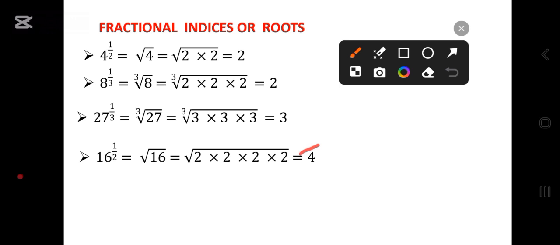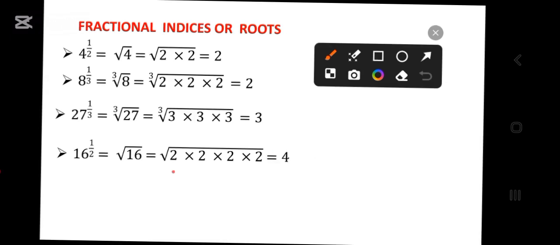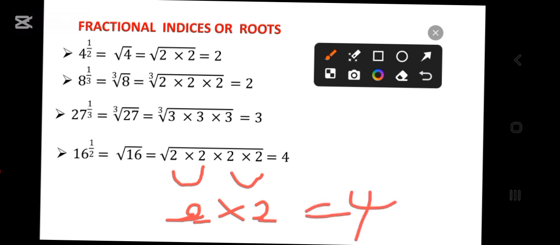Some people would like to ask, why is it 4? Since it is the square root, we group it into two places. We take 1 out of the 2. 2 times 2 becomes 4. That's how we have this 4.